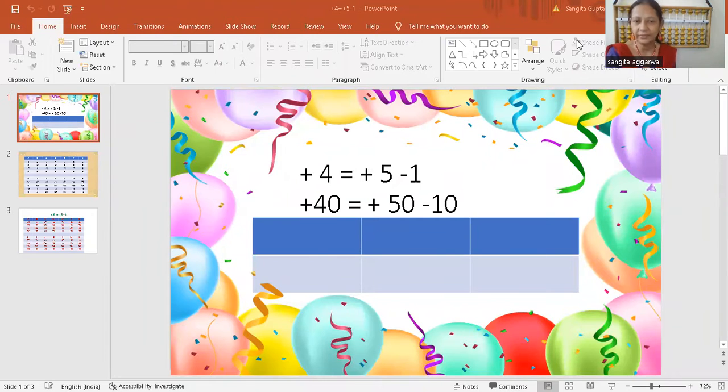You can see on the screen, these are the two formulas. Now you see your basic formula is add 4. Sometimes when you are doing addition, you are not able to add without the use of a formula. You have to take the help of a formula for the addition.